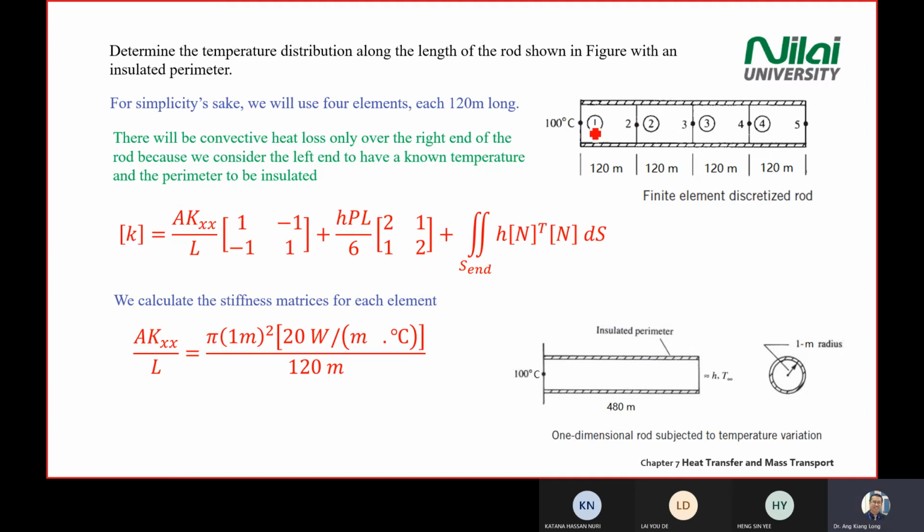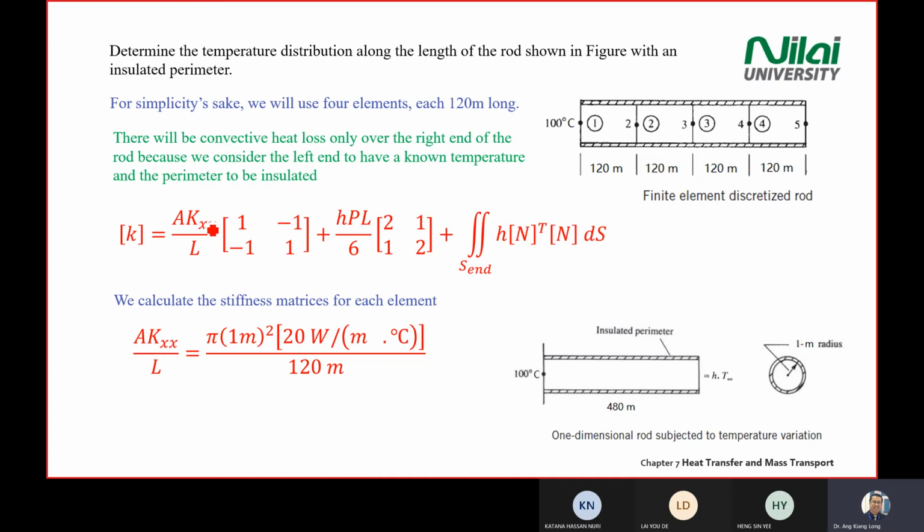How we calculate area for a rod is we take pi r square, right? So pi r square. You have pi, your r is 1 meter, so 1 meter square. Kxx is given in the question. Kxx is 20 watt over meter Celsius, divided by length. We are looking at the element here, so the element is 120 meter.